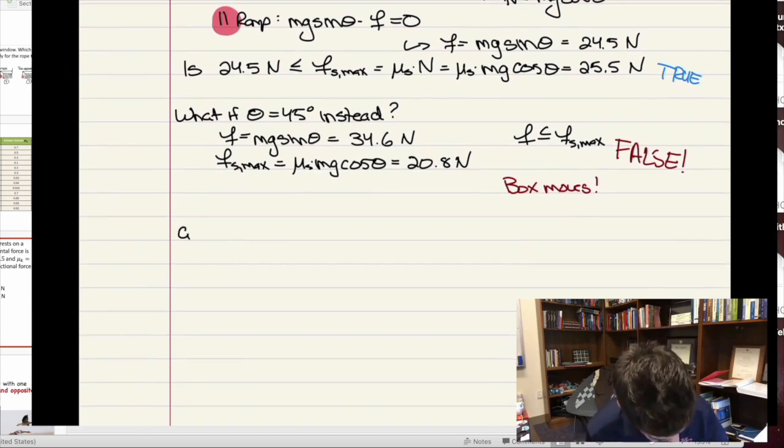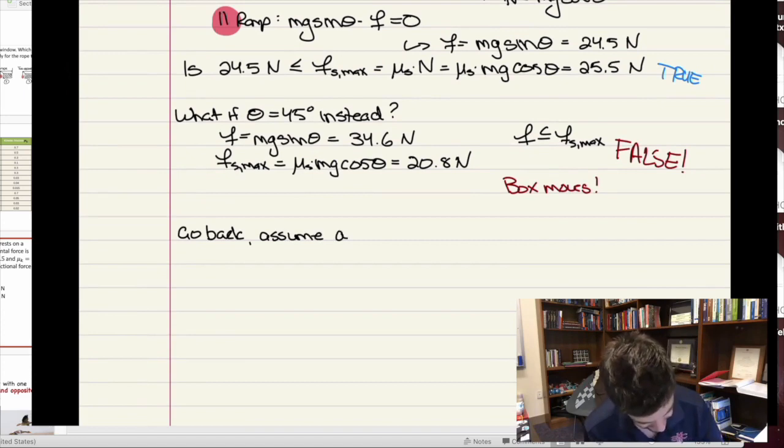So then I would say go back, assume the acceleration along the ramp is not 0 like we did before.